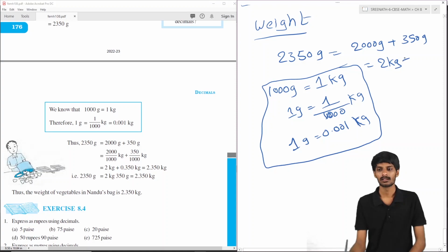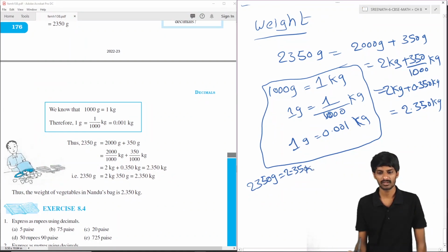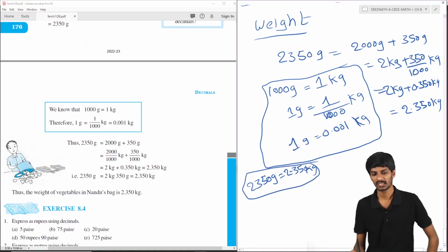So 2 kgs plus 350 grams, that is 350 divided by 1000 kilograms, which is 0.350 kgs. So finally 2350 grams means 2.350 kilograms, like that, students.